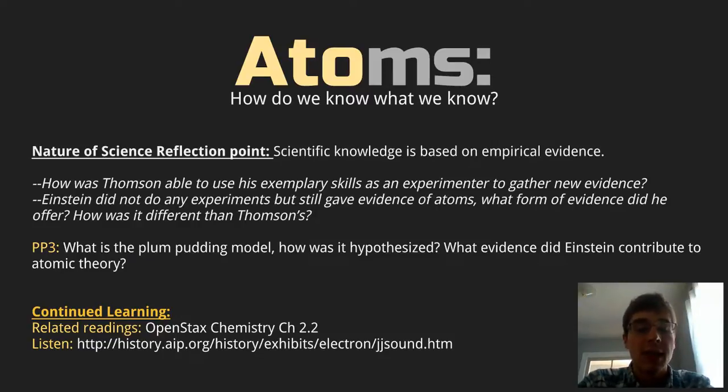What form of evidence did he offer, and how is it different? So for your third paragraph today of your essay, you're going to be writing about the plum pudding model. How is it hypothesized? What evidence is there for it? And also, how did Einstein contribute to atomic theory? How did he prove that atoms existed?